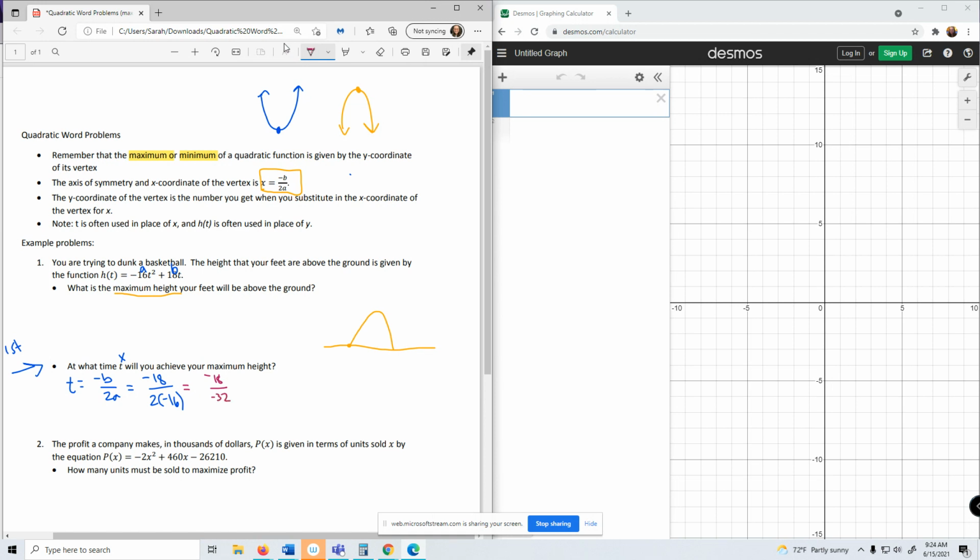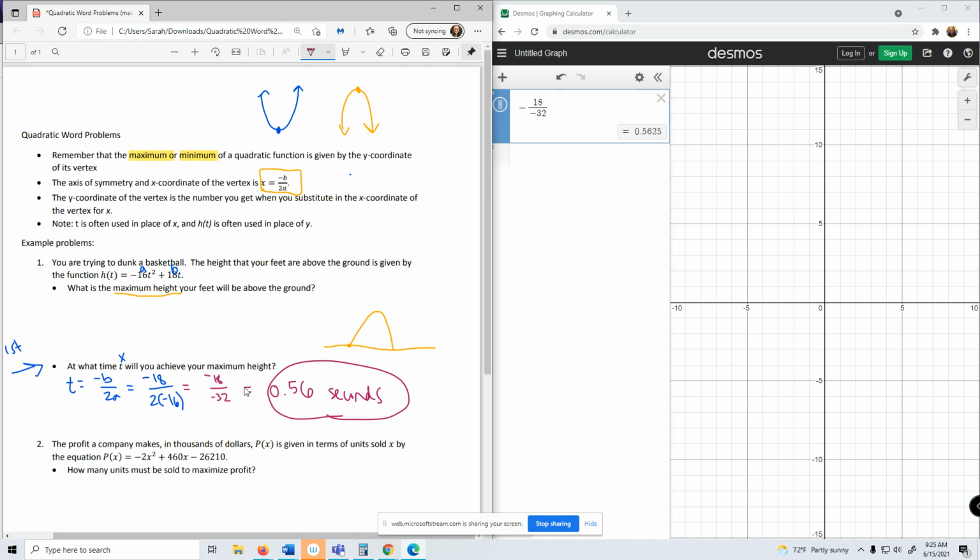And let's do that as a decimal because we wouldn't normally say negative 18 over negative 32 seconds. I'm just going to do that in Desmos. Negative 18 divided by negative 32 gives us, rounding to two decimal places, 0.56 seconds. So whenever they're asking for the time or at what value you reach the min or max, you're finding the x-coordinate, so you do negative b over 2a.